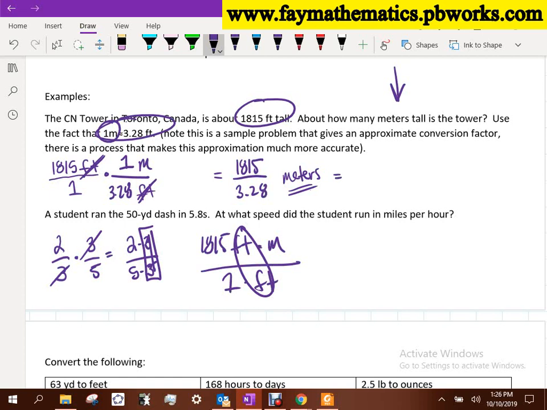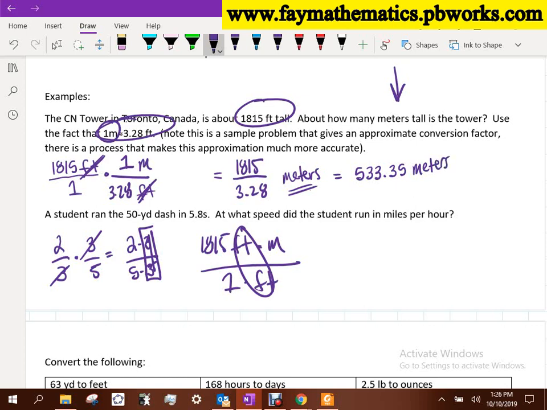And when I do that division, correct me if I'm wrong, is it 5.3 or 3.5? 1815 divided by 3.28, 3.5 is what I thought. And that's in meters. Okay?